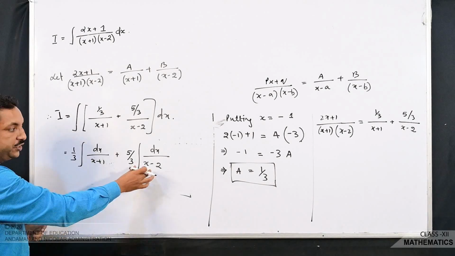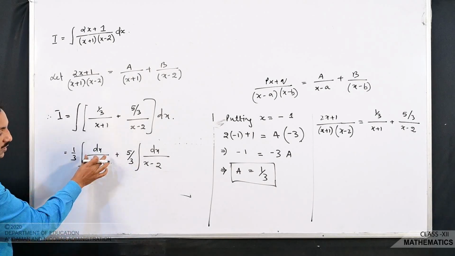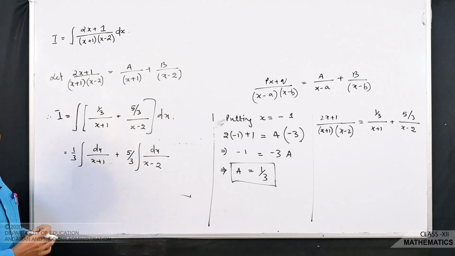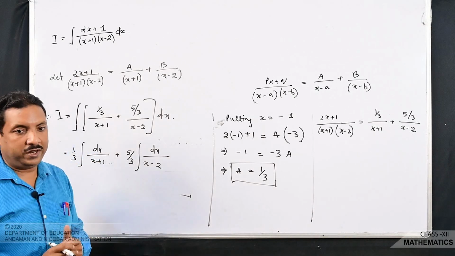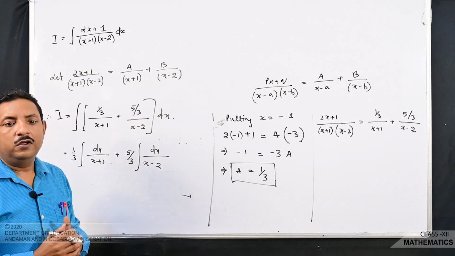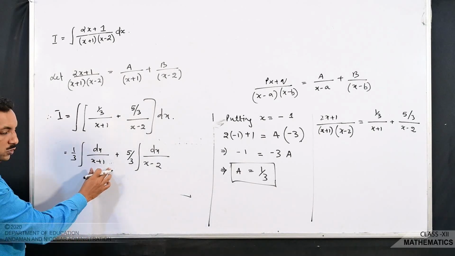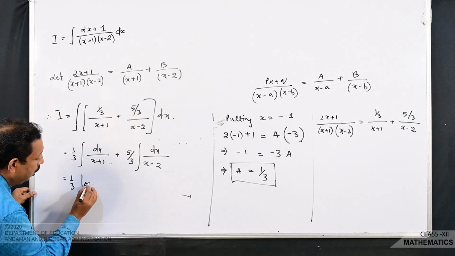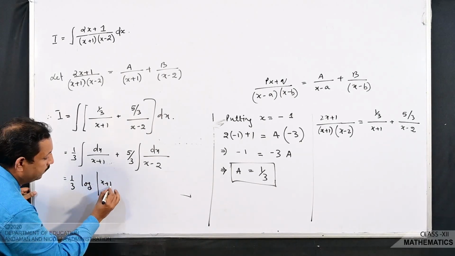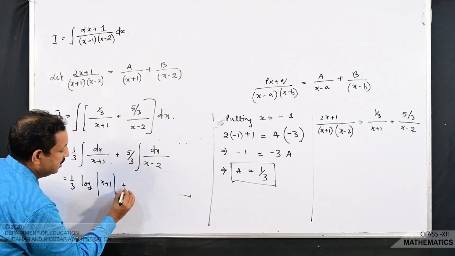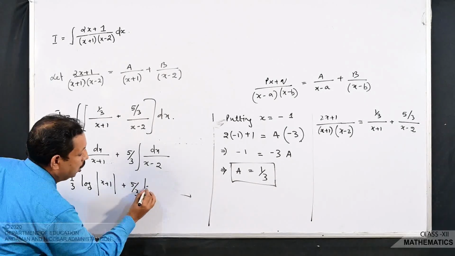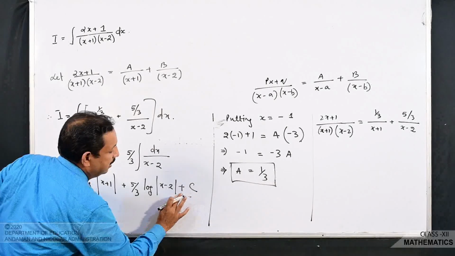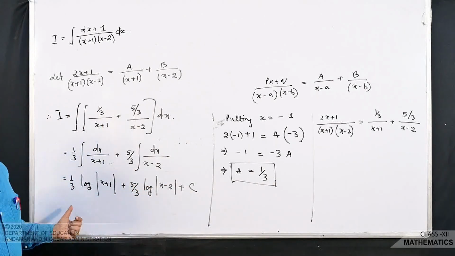I make the integration now over this. So this is 1 upon (x plus 1). The integration of 1 upon (x plus 1) is log of mod (x plus 1). That is equal to 1 by 3 log mod (x plus 1) plus 5 by 3 log mod (x minus 2), plus C. So this is our answer.